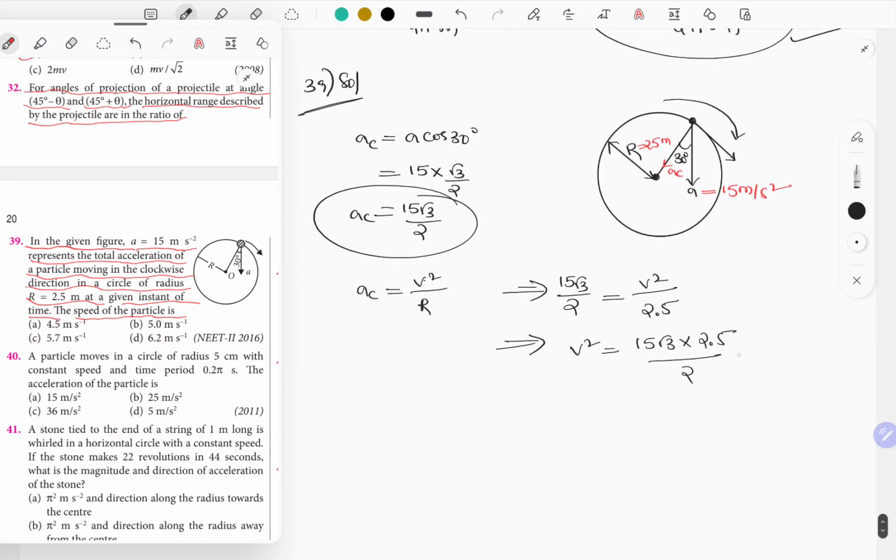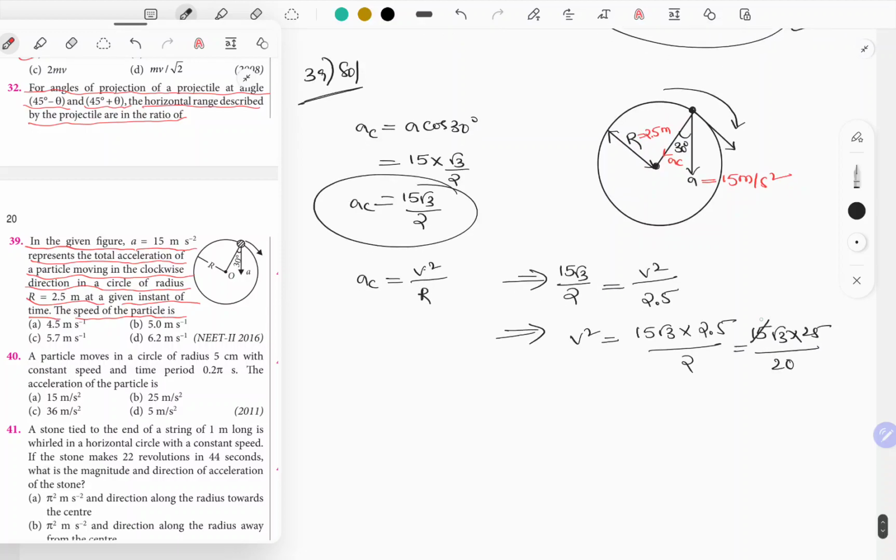Let's solve this one. You can write it as 15 root 3 into 25 divided by 20. So V square is equal to 75 root 3 divided by 4.